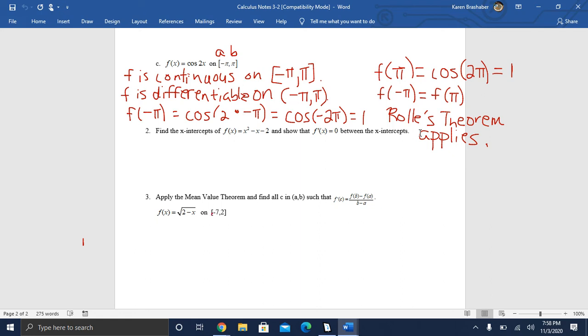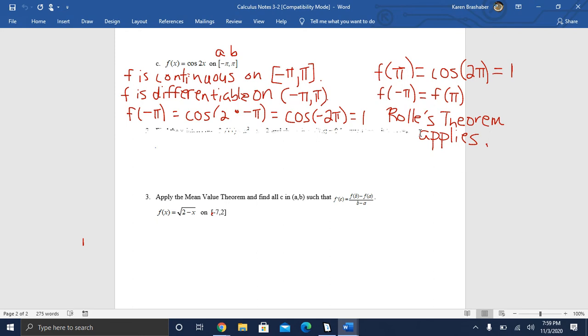So Rolle's theorem applies, and now I'm ready to work on what happens now that I know that Rolle's theorem does apply. So I'm kind of covering up this next problem, and I'll use this space in here to do the rest of part C.